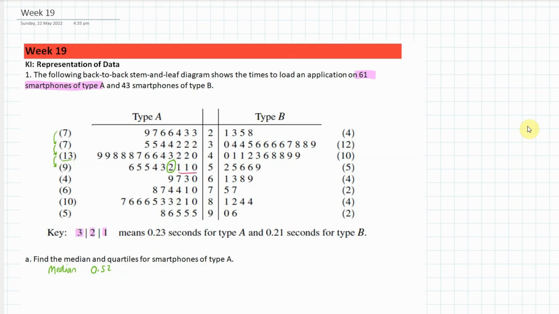So from here downwards, all of this is 30. So we're going to find the 15th and 16th and divide them by 2. So 14 down to here, and then 15 and 16. These are our two middle numbers here. So our lower quartile should be halfway between them, which is 0.41.